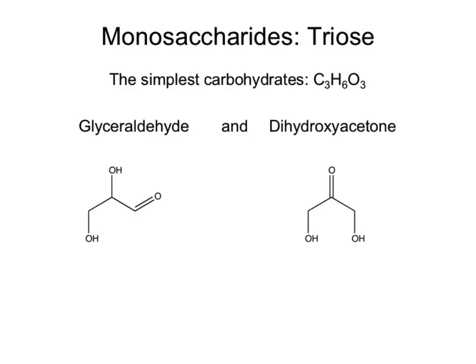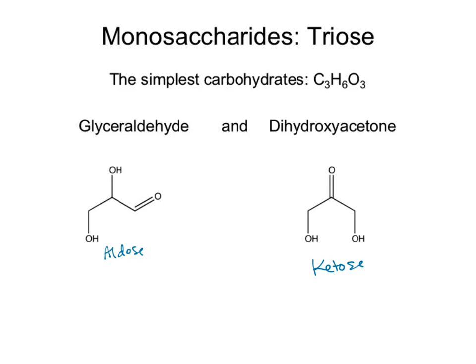So let's start with the simplest chain. What happens if we have 3 carbons? Okay. There are 2 possible results. I get either the aldehyde one, so this is the aldose, or I get the ketose. Okay?